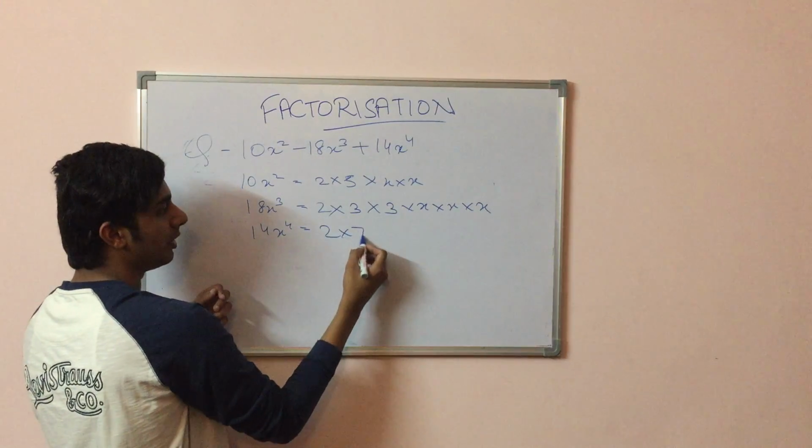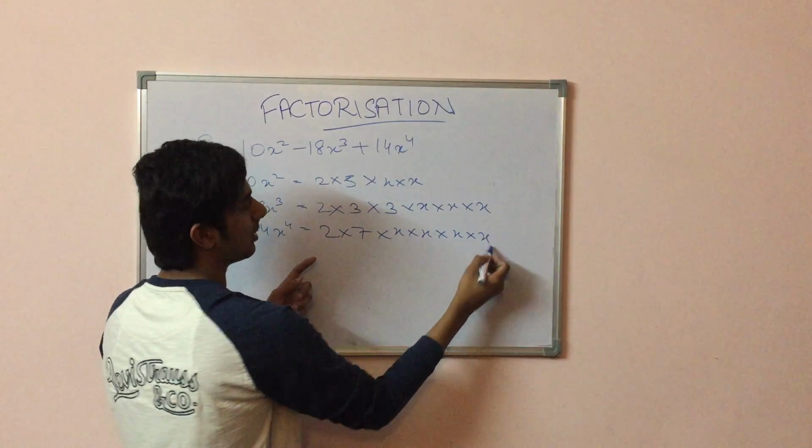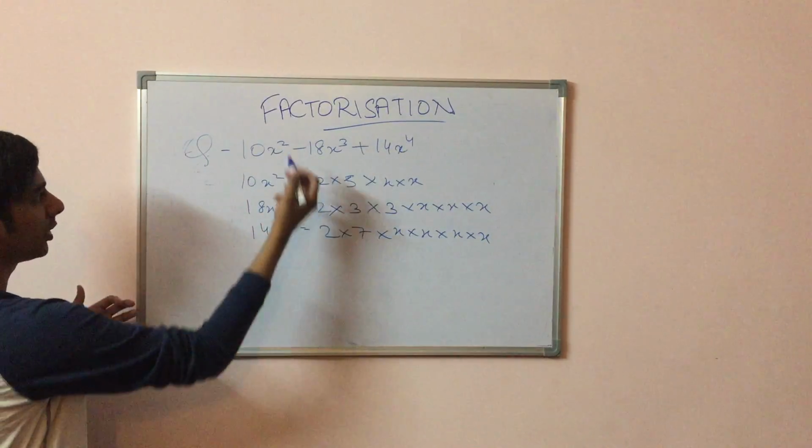14 can be written as 2 into 7 into x into x into x into x. Now again, just put it in our brackets.